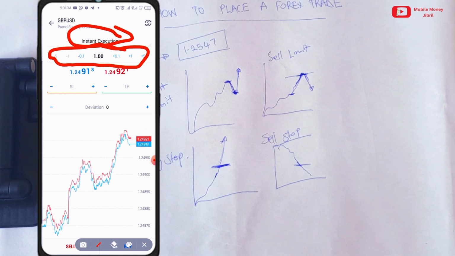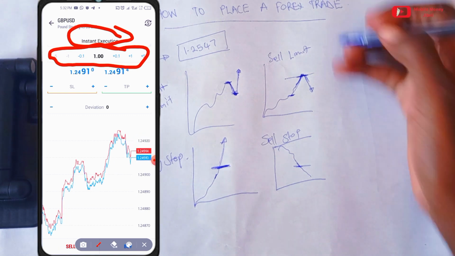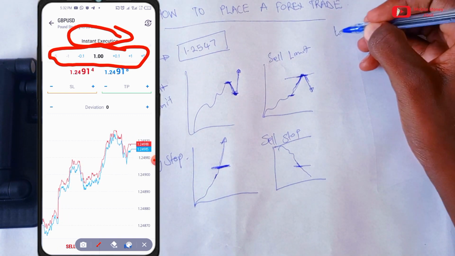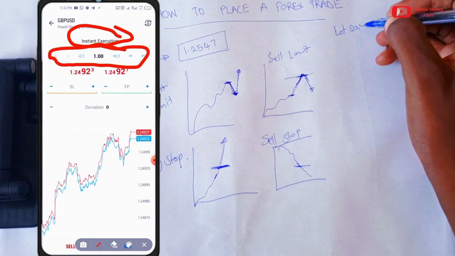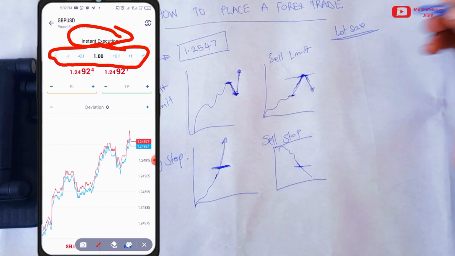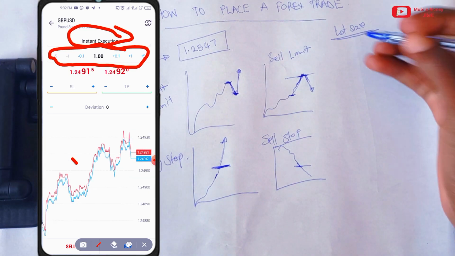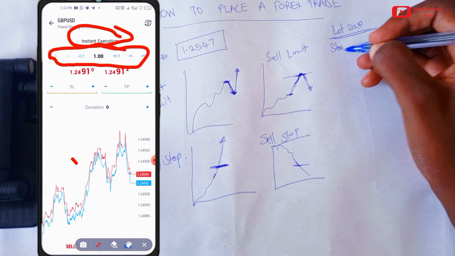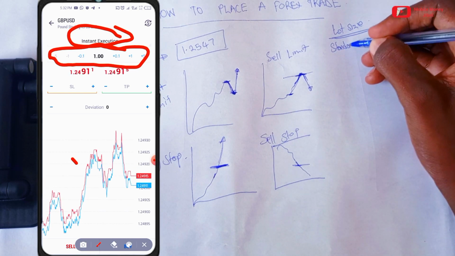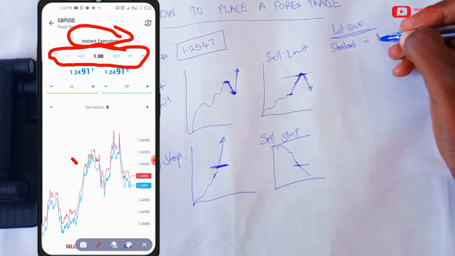Before you make any forex trade, you need to understand what a lot size is. There's what we call the standard lot size. A standard lot size is 1. What is a standard lot size?